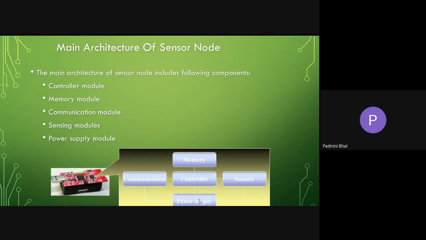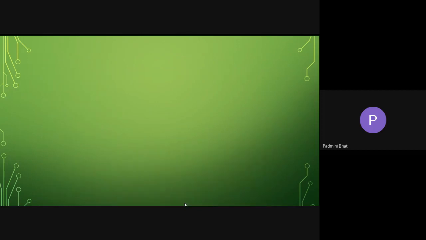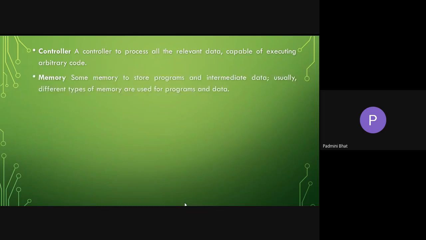You can make out how these five modules are connected, because the controller is the one which controls memory, communication module, sensors, and power supply. The controller processes all relevant data and is capable of executing arbitrary code.